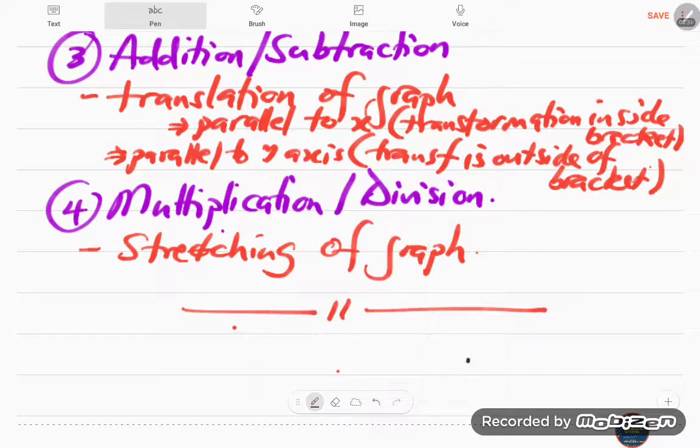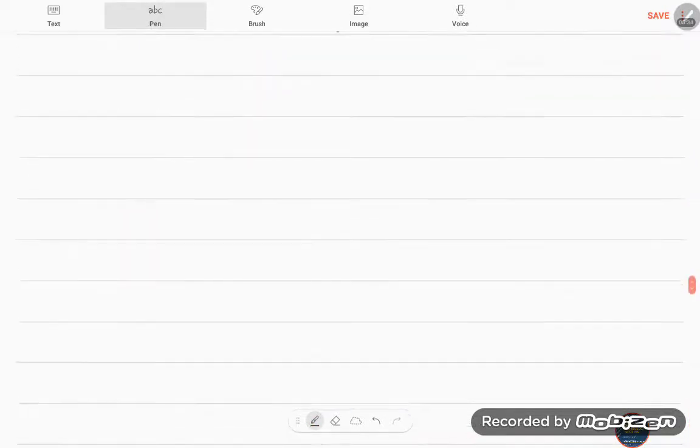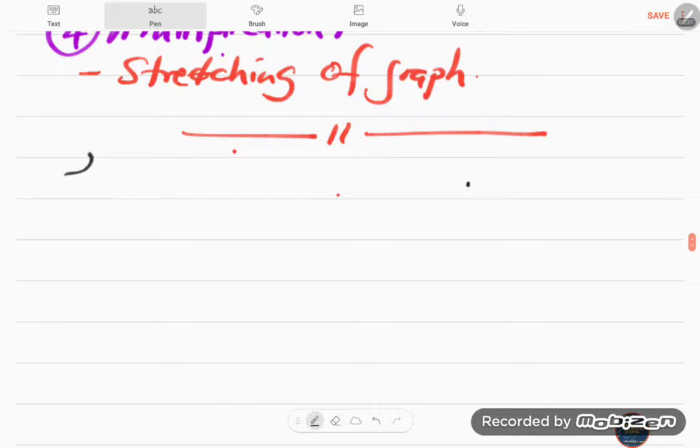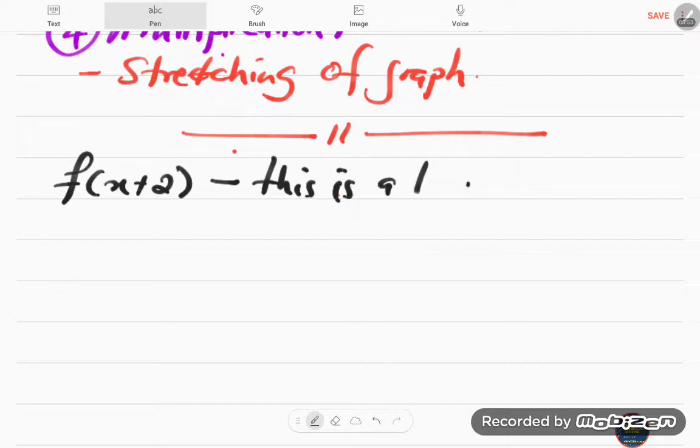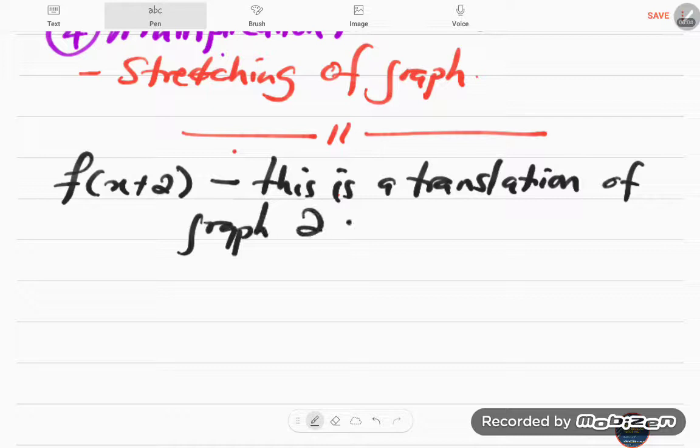Going to go back to a black pen. Now, if you have, for example, f of x plus a, I promised to use a 2, so I'm going to use the 2 right there. It means that because it's inside the bracket, it's going to affect the x coordinates. So this is a translation, because it's an addition, of the graph 2 units to the, notice, to the left.